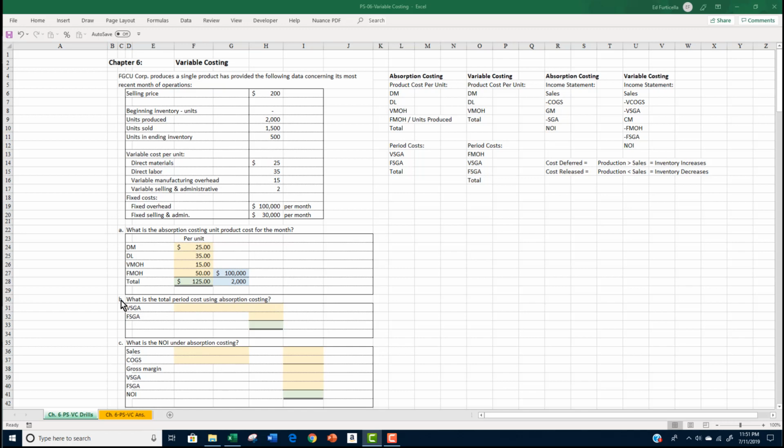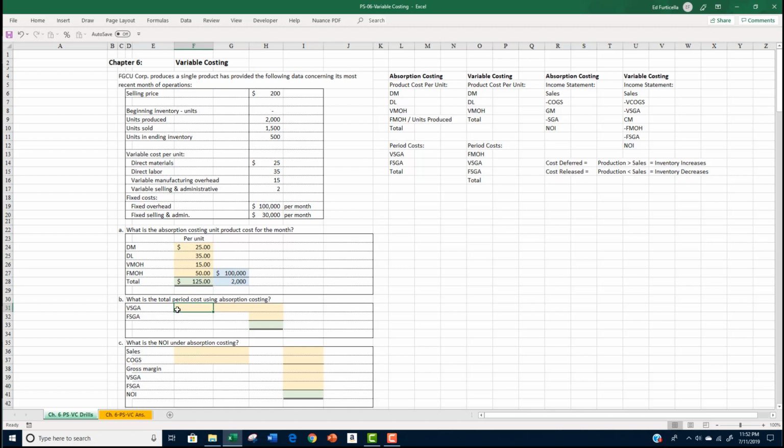Question B asks, what's the total period cost using absorption costing? Under absorption costing, period costs only include SG&A. So they include both variable SG&A and fixed SG&A. First we look for our variable SG&A. It's $2 per unit.